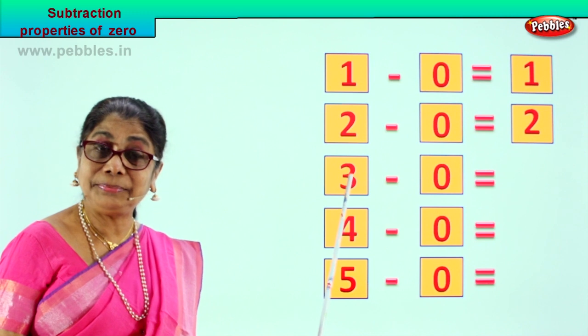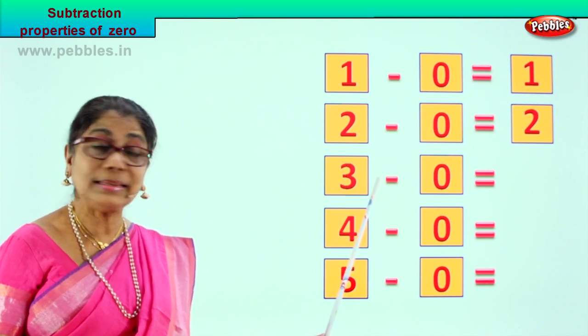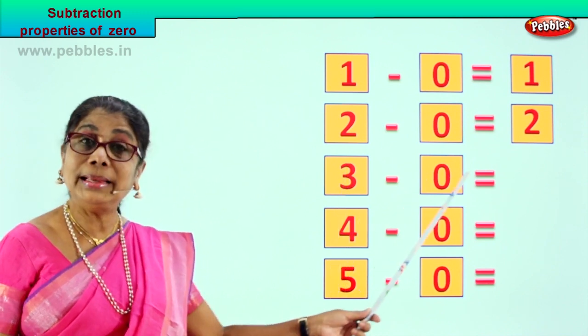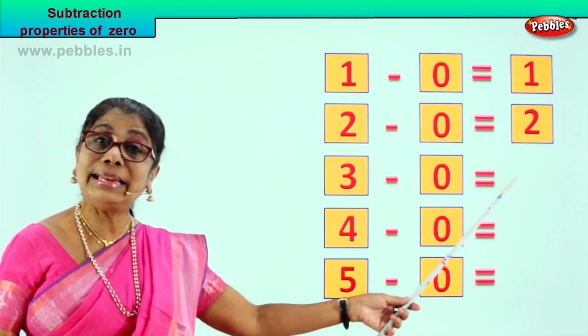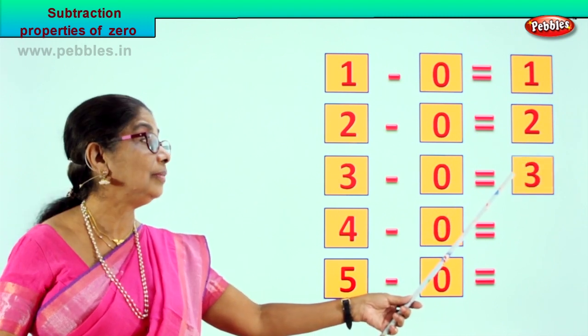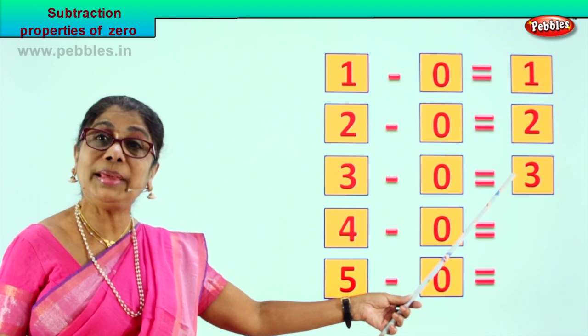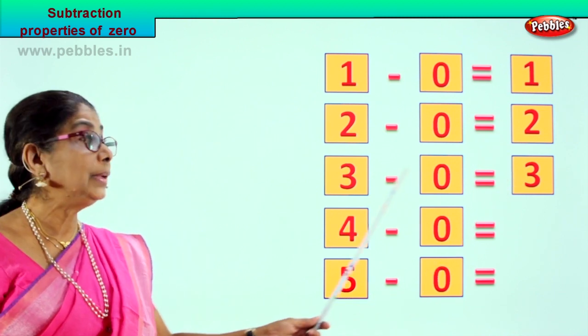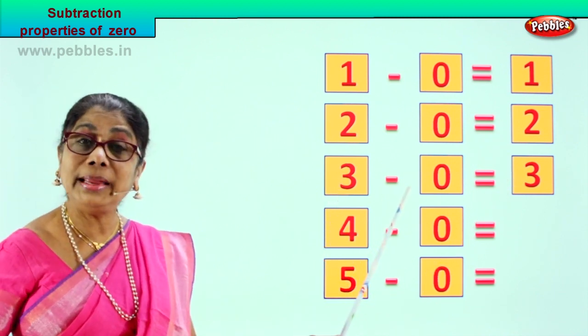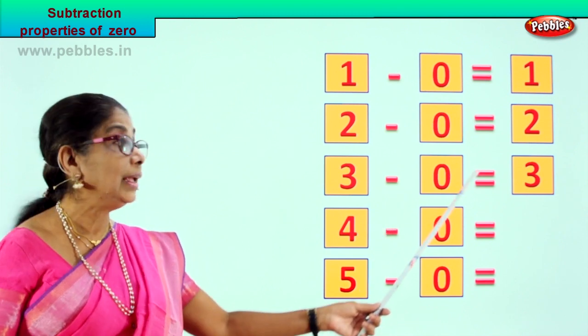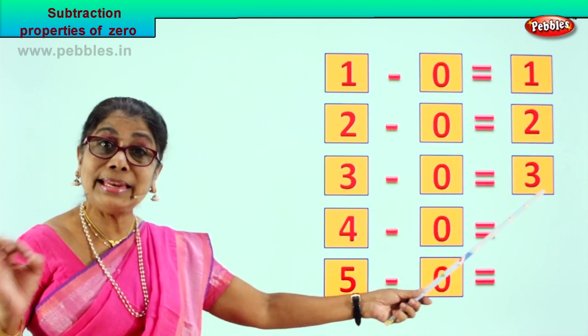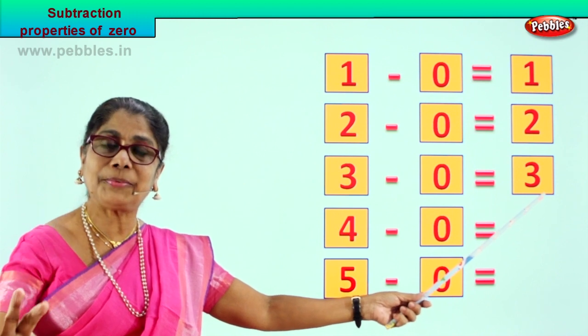Number 3 minus 0 is equal to the number 3 itself. Get it? Read with me again. Number 3 minus 0 is equal to the number 3 itself.